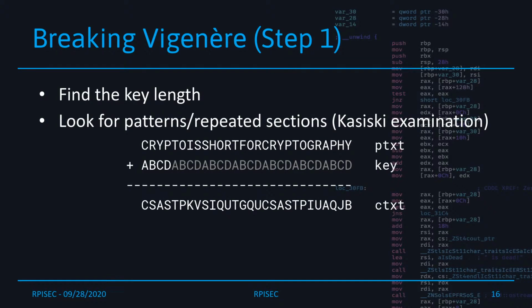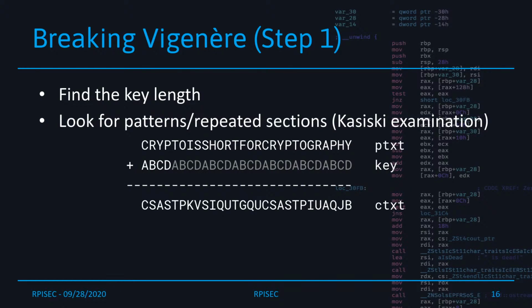The first step in breaking Vigenère is to find the key length, because if you don't know the key length, you're basically stuck guessing at what could be a very, very large key space. So the first thing we want to do is find the key length and narrow down our search space.